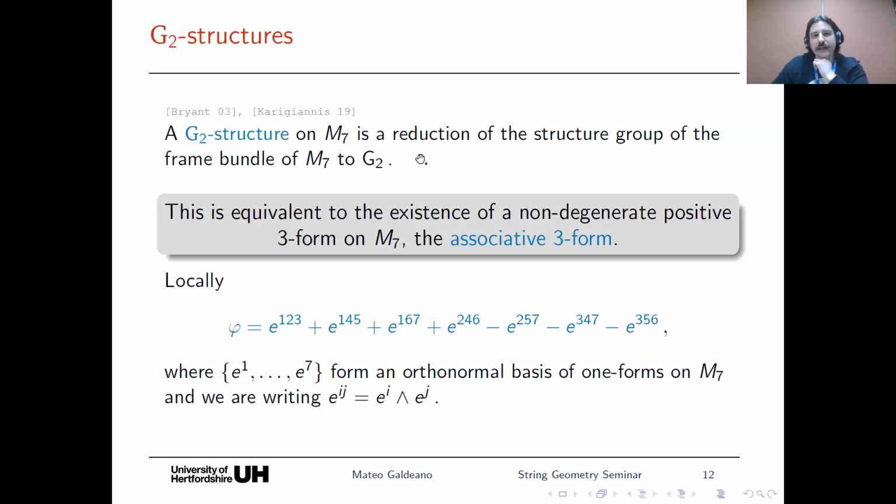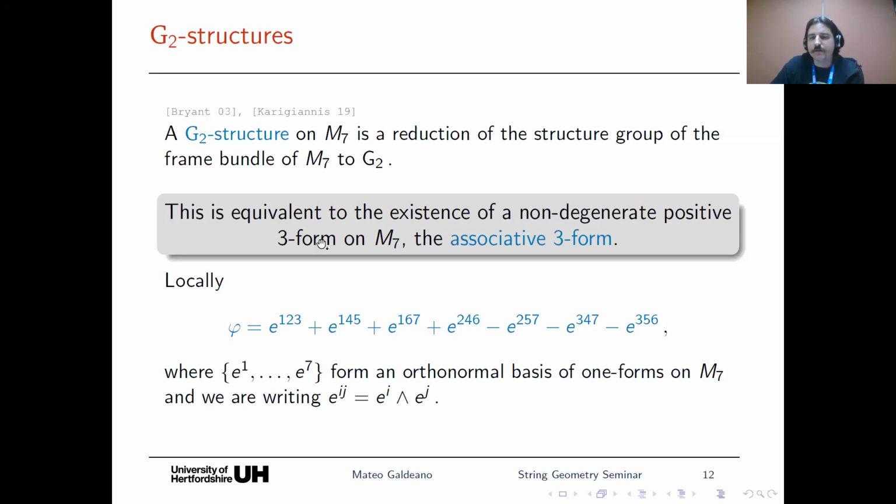So a G2 structure on your 7-dimensional manifold is a reduction of the structural group of the frame bundle of the manifold to G2. But the way I think about it is in terms of forms. So this is equivalent to the existence of a non-degenerate positive 3-form on the manifold, which is called the associative 3-form.